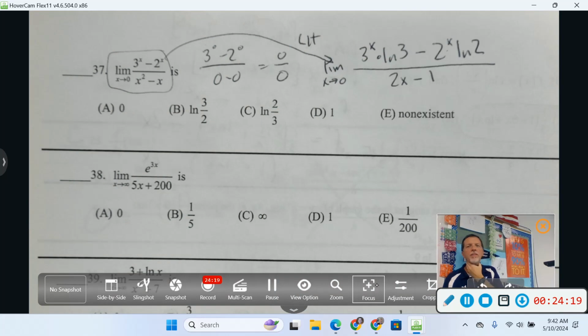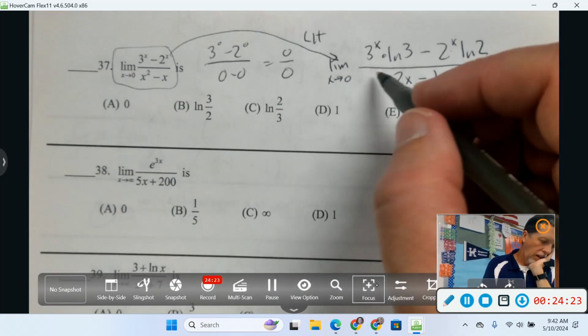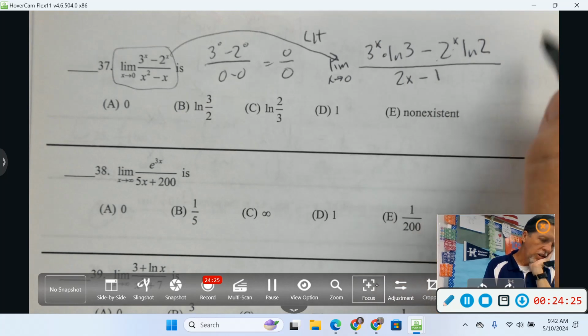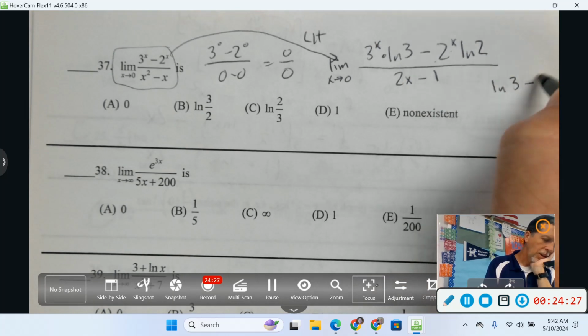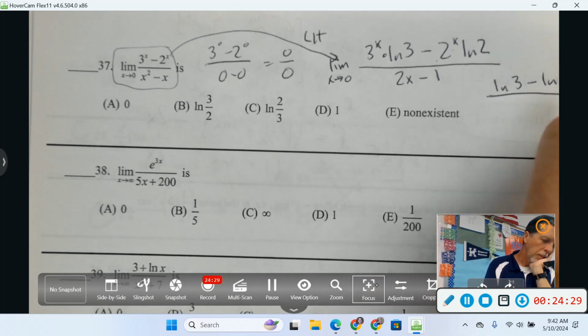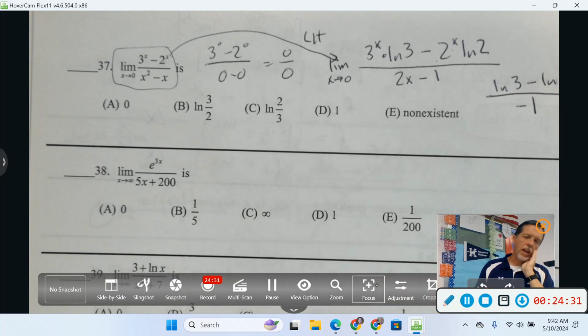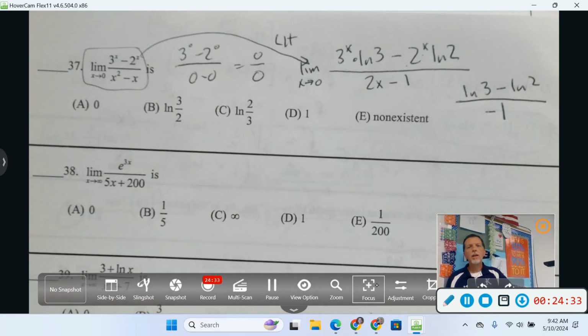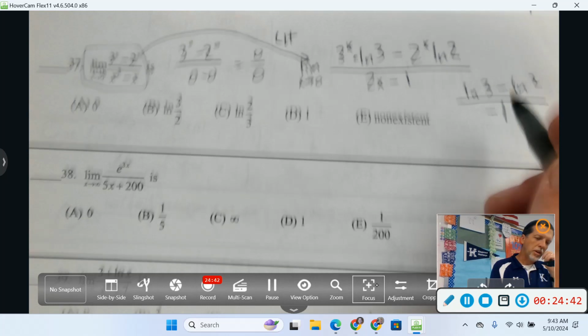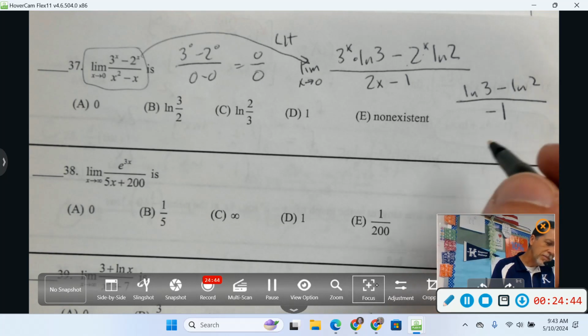And again, limit as x goes to 0. So 3 to the 0 is 1, 2 to the 0 is 1. So I have natural log of 3 minus natural log of 2 all over negative 1, which doesn't look like any of my answers, but there's a property of log thing going on here.